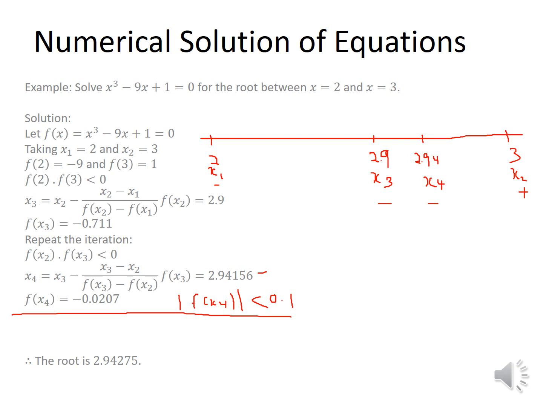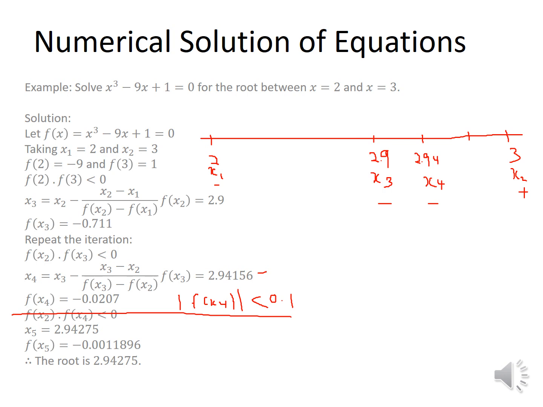Look at the example. If we perform one more iteration, based on this number line, you know the root will be between x4 and x2. So fx2 multiplied by fx4 is a negative value, and use the same formula, you will get the value 2.942.